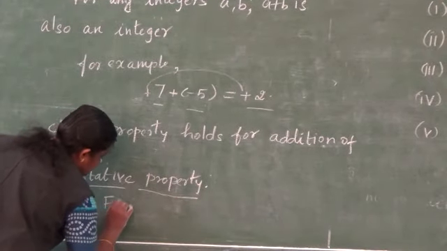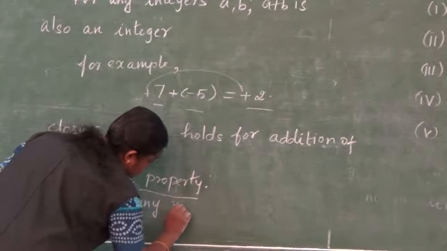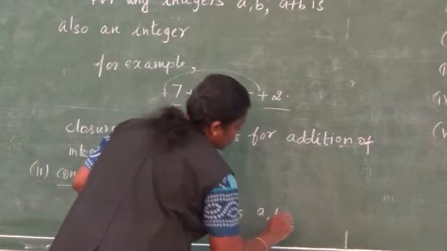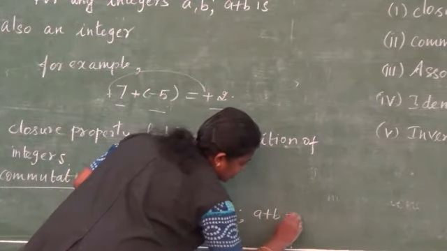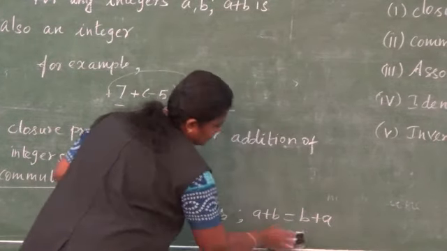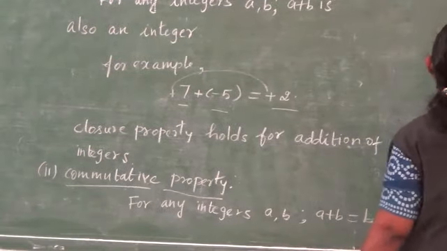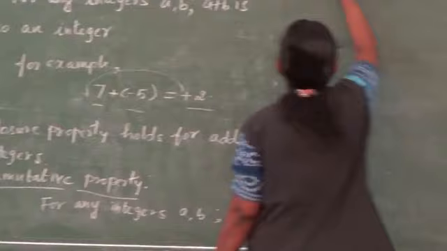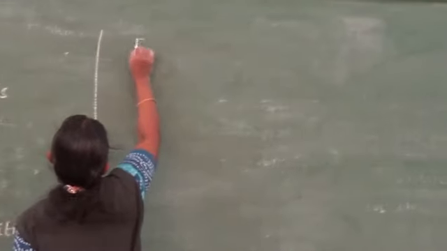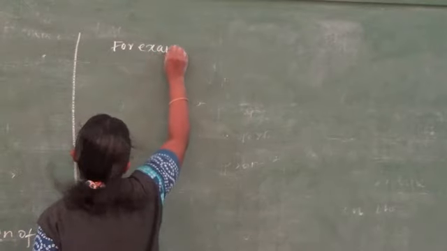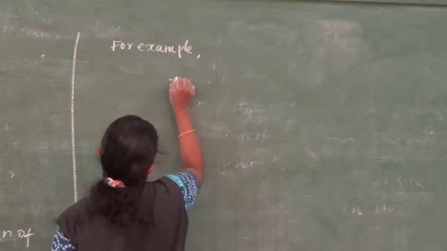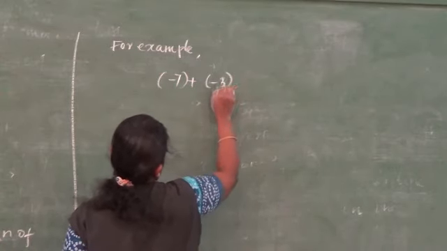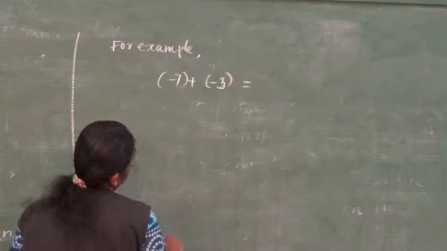For any integers A, B, A plus B equal to B plus A. For example, minus 7 plus minus 3 equal to, here both the numbers are negative.